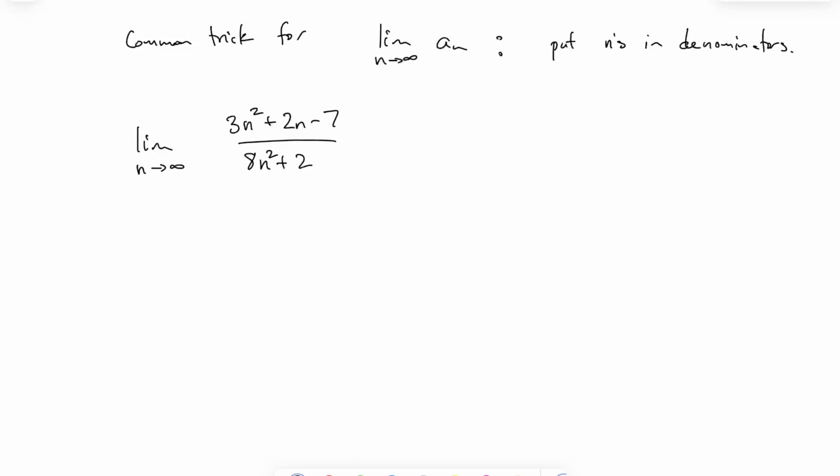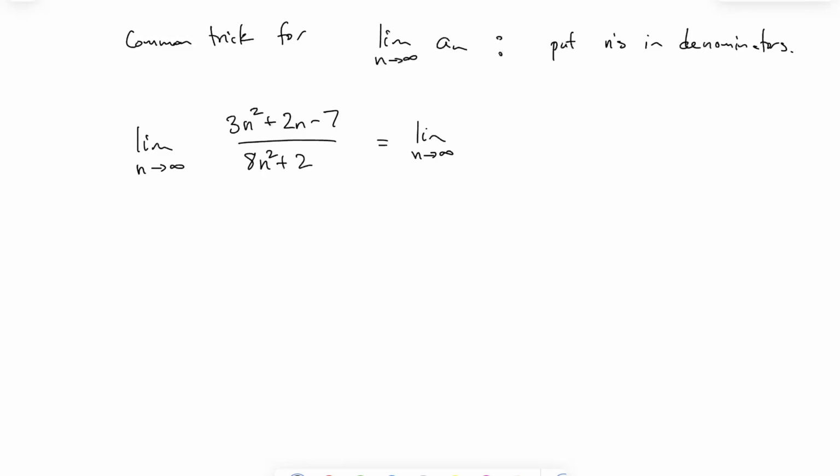Actually, you could use L'Hopital's rule on this, although it's not really necessary. Following my little advice, put all the n's in denominators. I'm going to divide everything on the top and everything on the bottom by n squared, because n squared is the highest power of n that I see here.